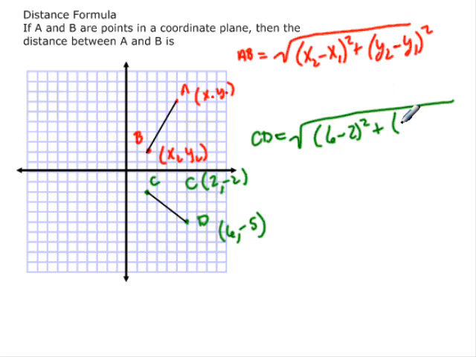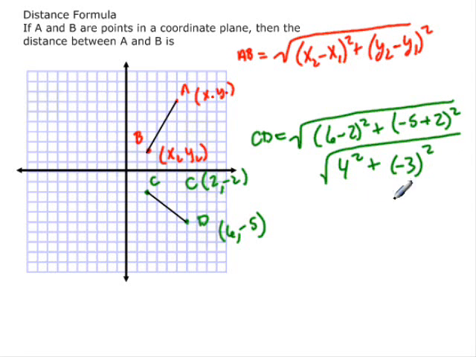My y2 is a negative 5 minus a negative 2. Notice that minus a negative becomes positive. We complete the operation. 6 minus 2 is 4. We will then square it. Plus negative 5 plus 2 is a negative 3.